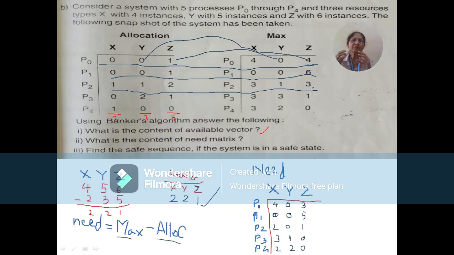Unsafe state means we have allocated the resources to the processes in such a way that some processes are unable to completely execute, and then there is a possibility that the system is going to enter the deadlock state. So our main focus will be to allocate the resources to the processes such that the system is always in a safe state. So let us start answering the third question.